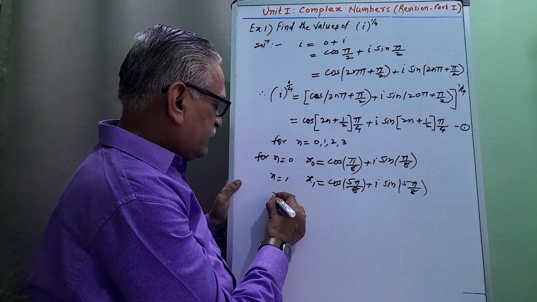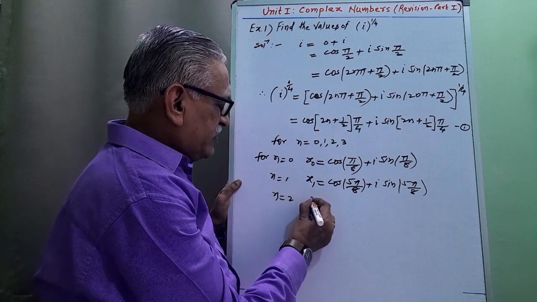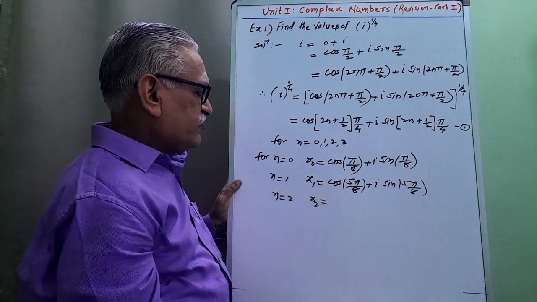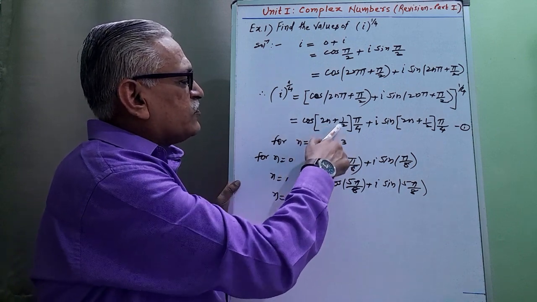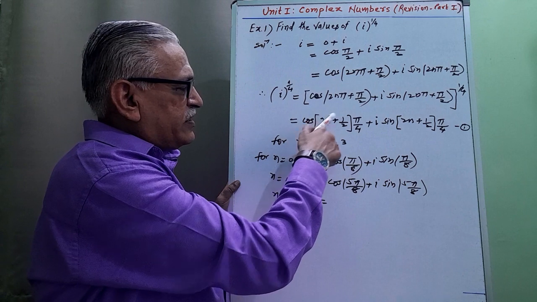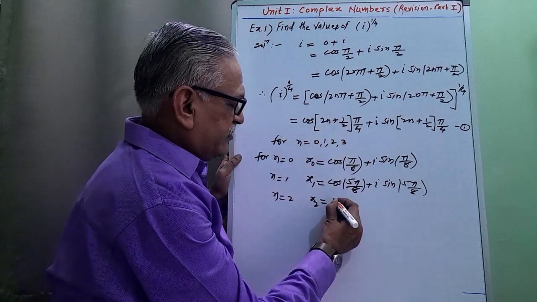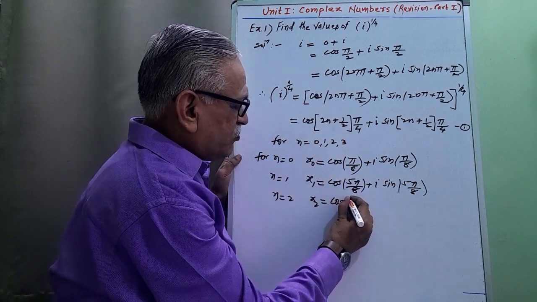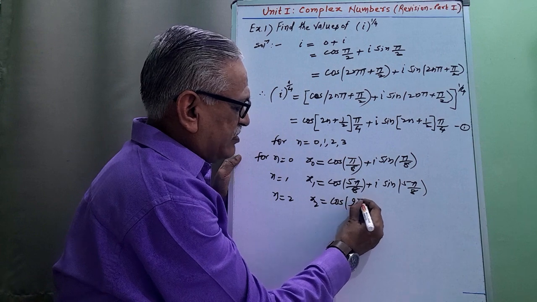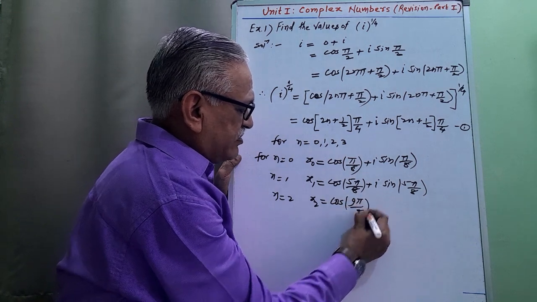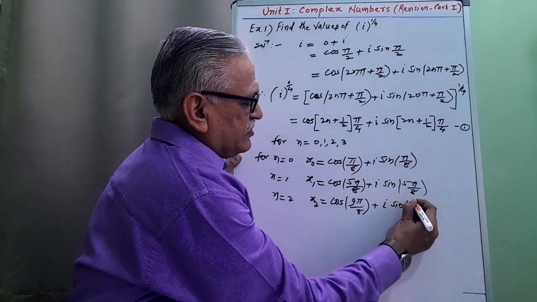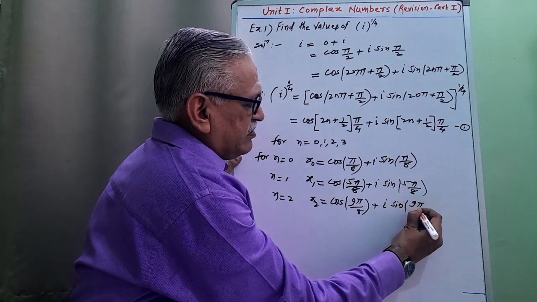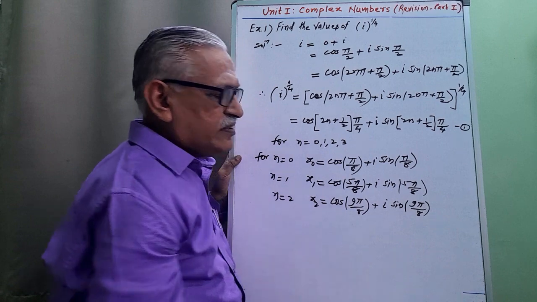Then for n is equal to 2, we get x2 is equal to 2 into 4, 8, plus 1, we get 9. Therefore cos of 9 pi by 8 plus i times sin of 9 pi divided by 8.